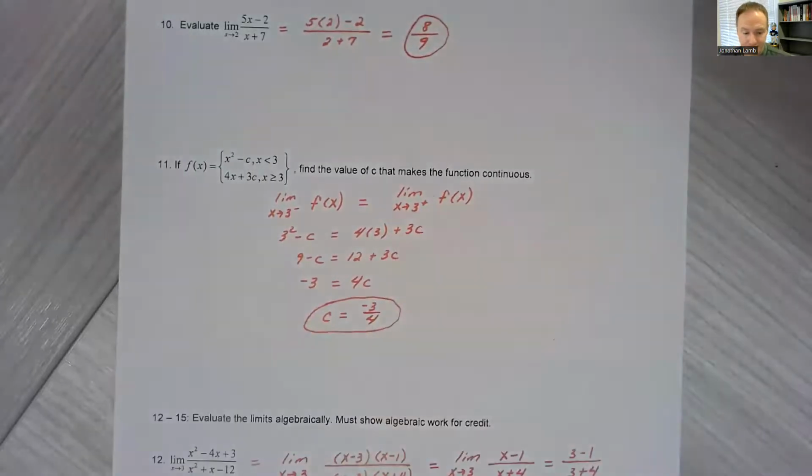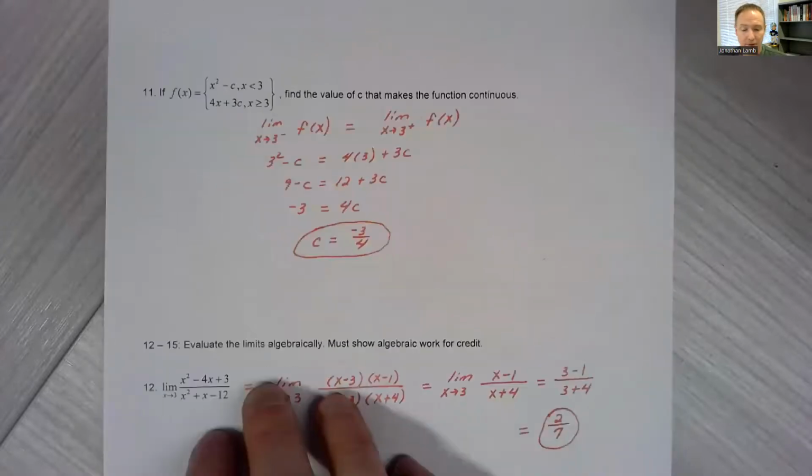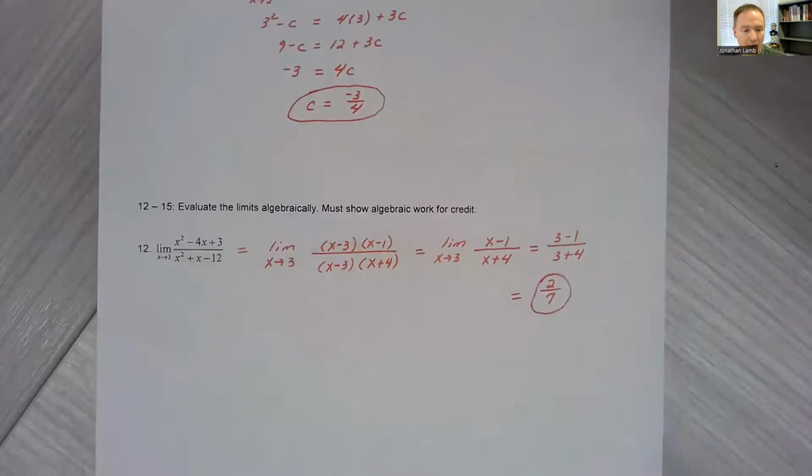Final answer. Now for the next set of problems, these are the ones where we have algebraic limits. This would be like the problems in section 2.5. The first problem I'm giving you here has a quadratic over a quadratic. And what you know in these is that it should be of indeterminate form, which means when you try to plug in the value, you're going to get a 0 in the numerator and a 0 in the denominator.